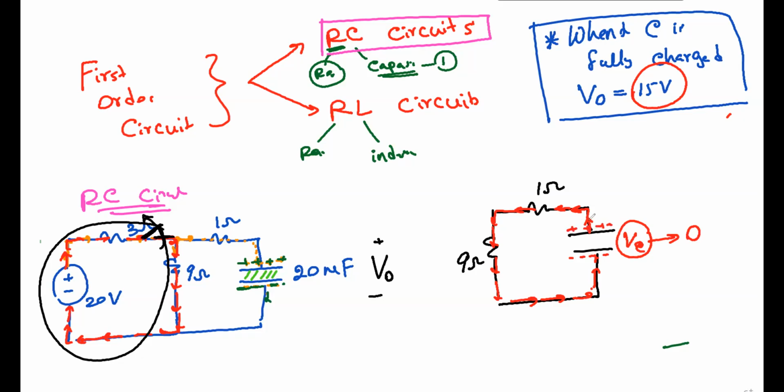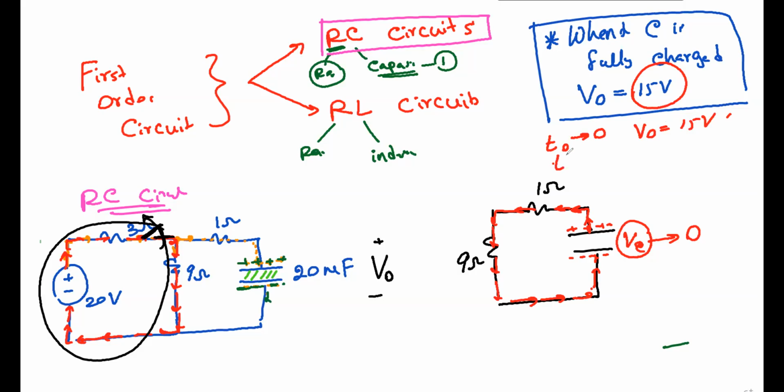So now what you can say, guys, is that when the time is, for example, equal to 0, when the capacitor is fully charged, the voltage across the capacitor was 15 volts. Am I right?